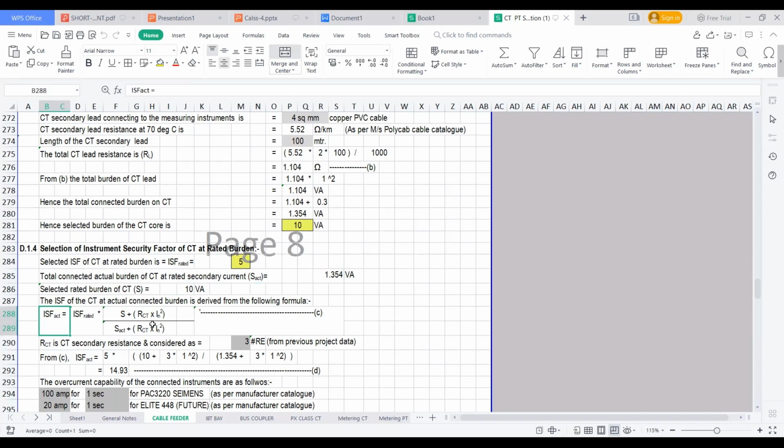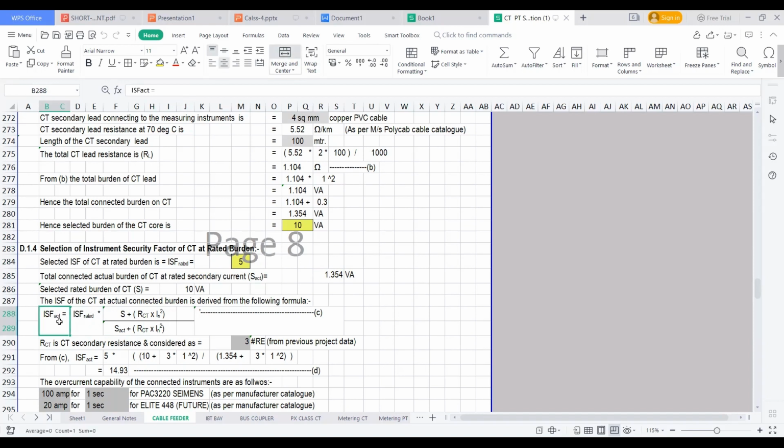Now this is the formula for ISF. This is the rated ISF. Now I am calculating the actual ISF, which is ISF rated into the rated burden plus RCT, divided by the actual burden plus RCT, where this is the secondary side burden of the CT.